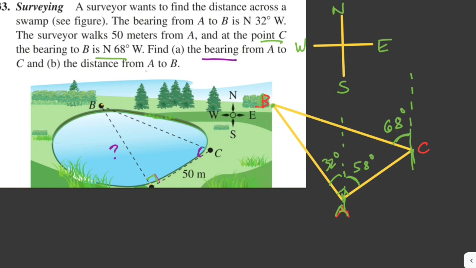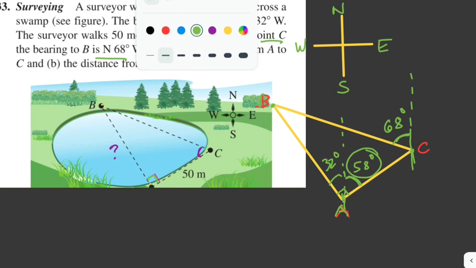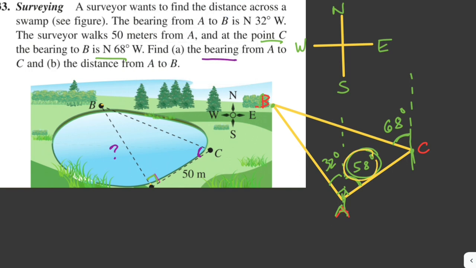By the way, our answer for the first question, find the bearing from A to C: the bearing from A to C is just 58 degrees northeast.